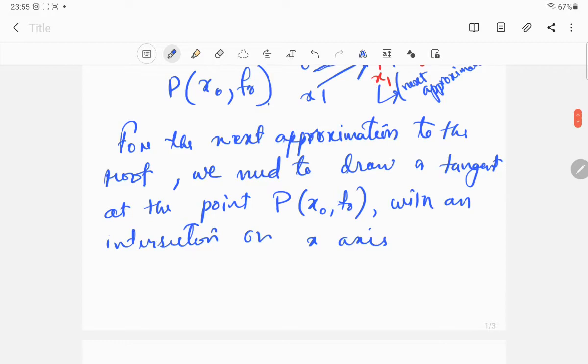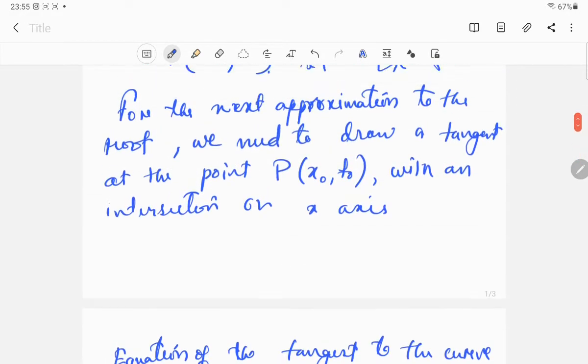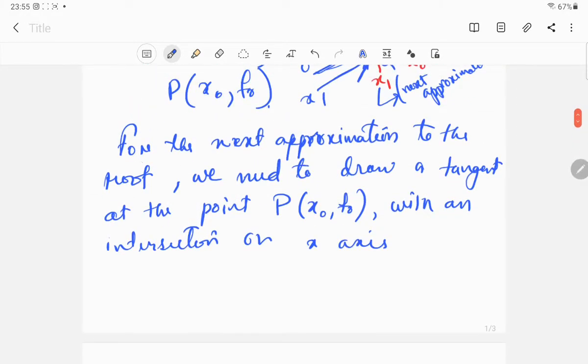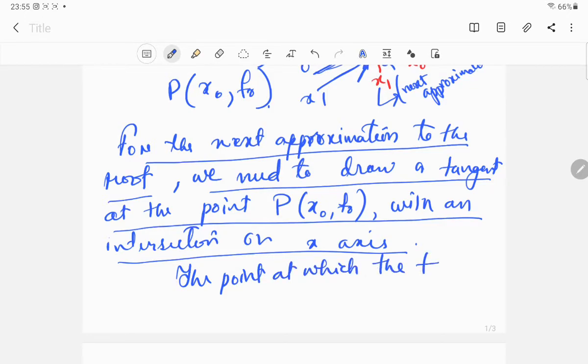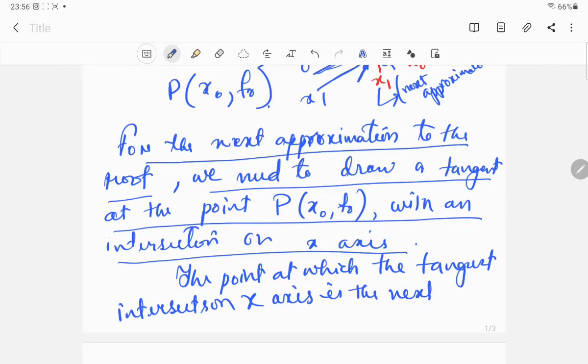That thing you should keep in mind. So for the next approximation to the root, we need to draw a tangent at the point P, and the point at which the tangent intersects the x-axis is the next approximation. That's simple.